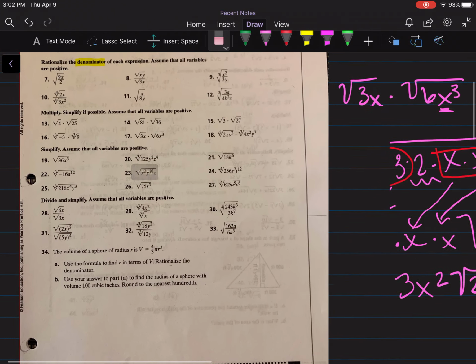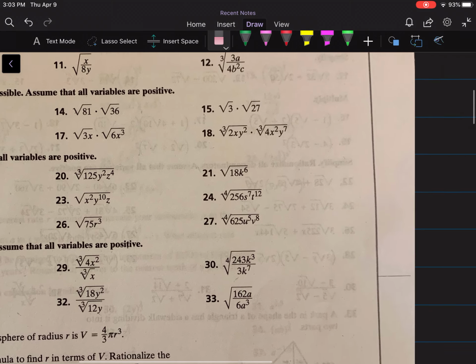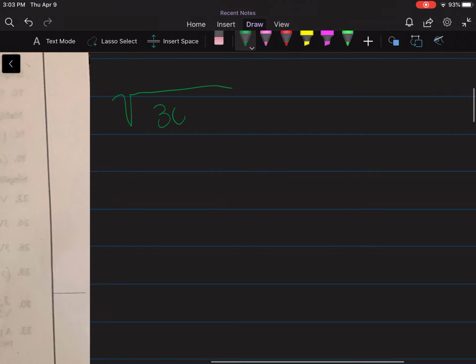Okay, it says simplify. Assume all variables are positive. We're on this whole section of 19 through 27. So 19 is root 36x to the third. Now we saw we can break that 36 into 6 times 6. And when you have the doubles there, you can't go any further, so we're going to leave it at that.